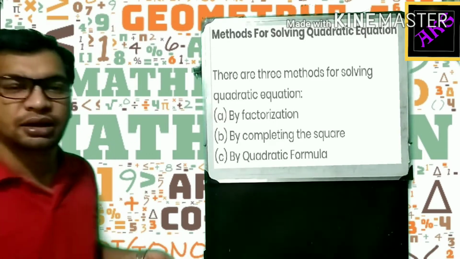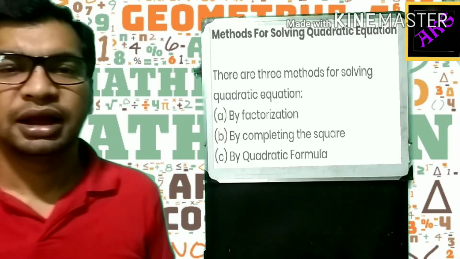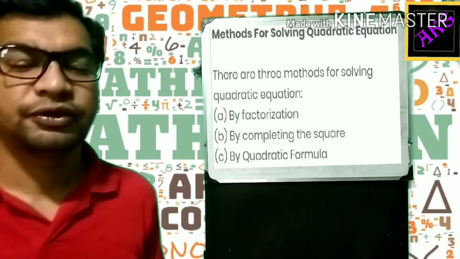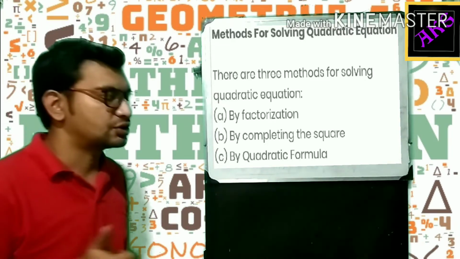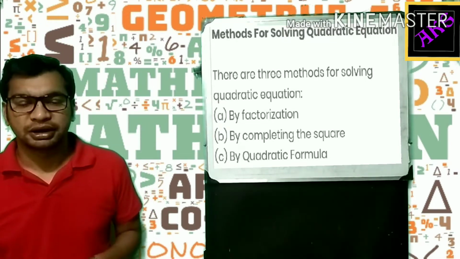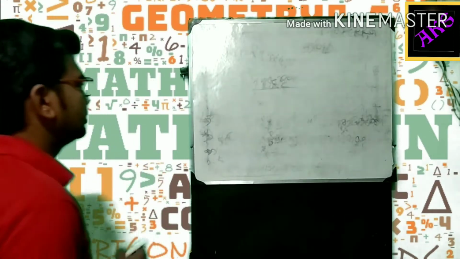And the next is the method of completing the square. These 3 methods we use to solve a quadratic equation. Let us take an example to understand the methods.